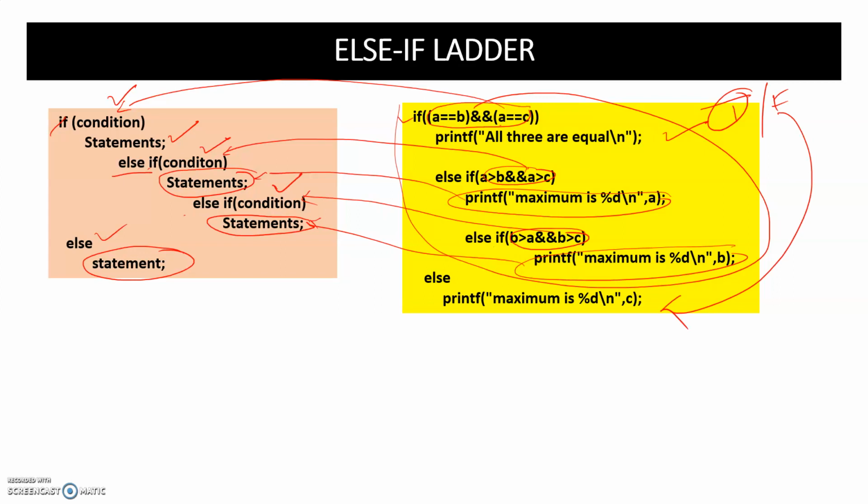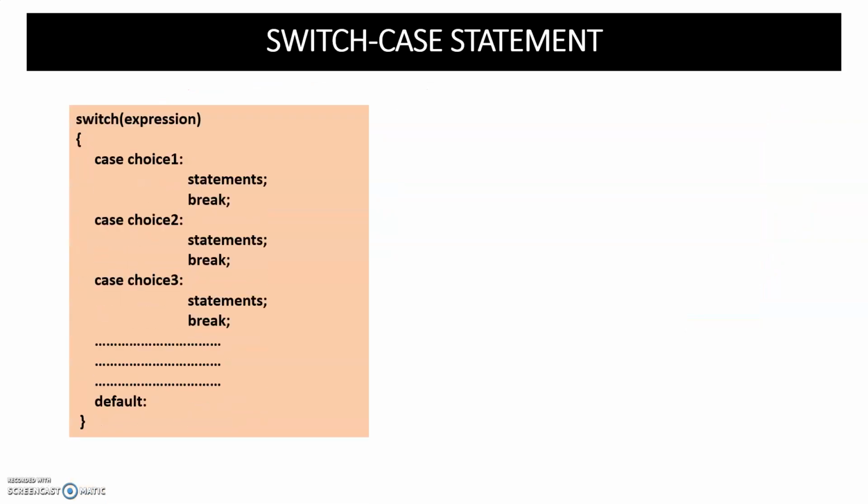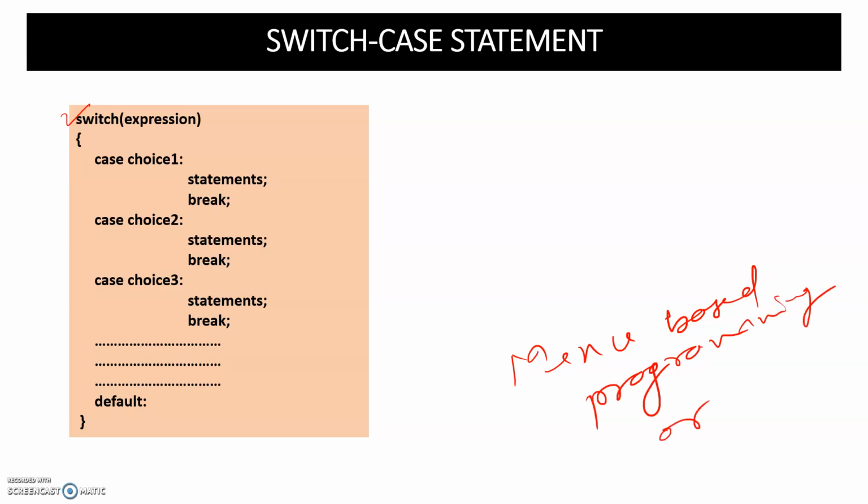So execute the else part. The next decision making statement is the switch case statement. Here we have a switch, and based on the switch we can specify various conditions. Programmers use switch case statements in menu based programming or systems.